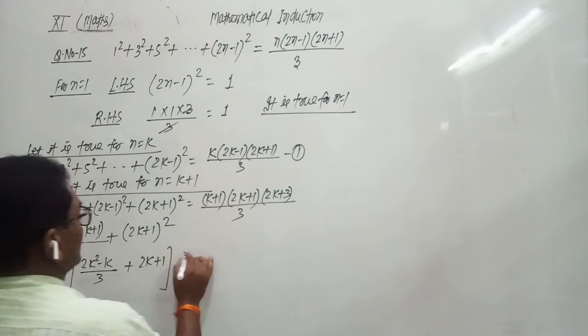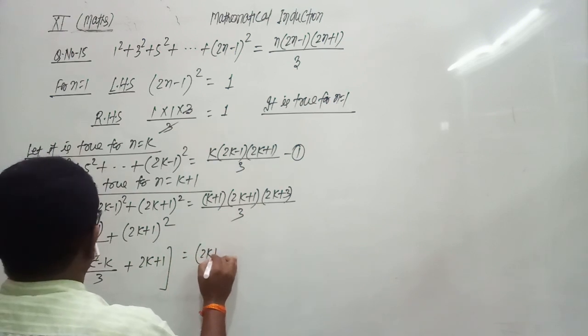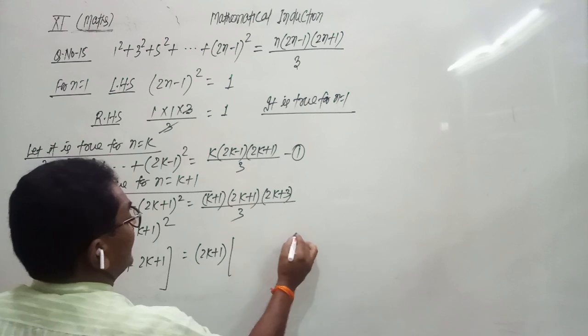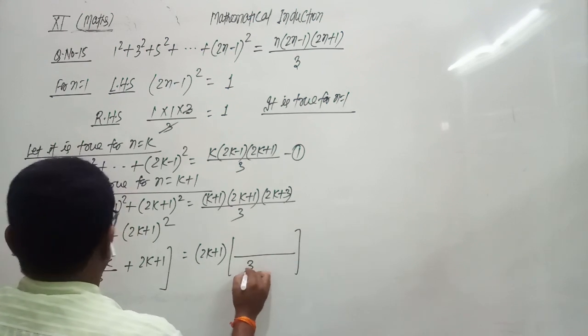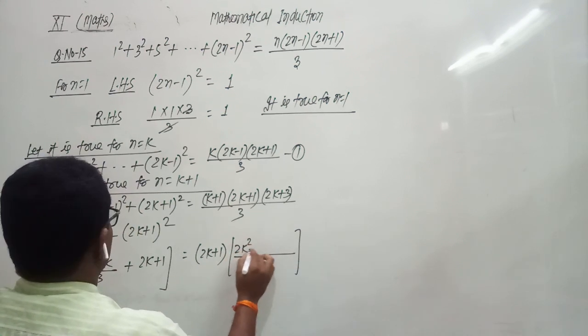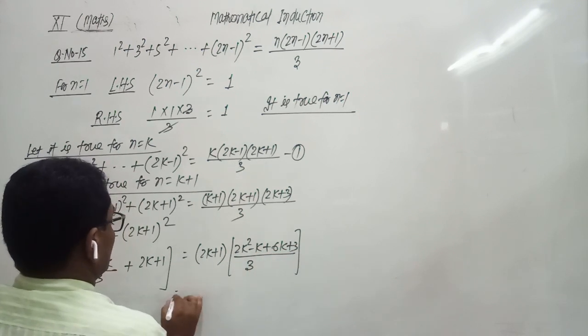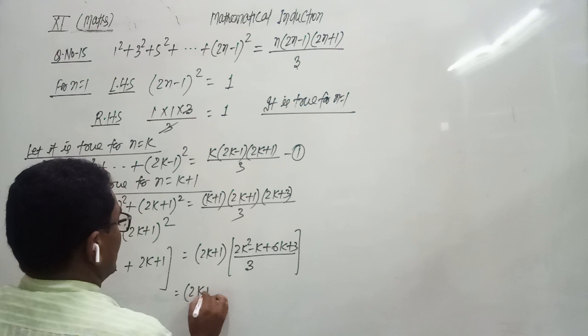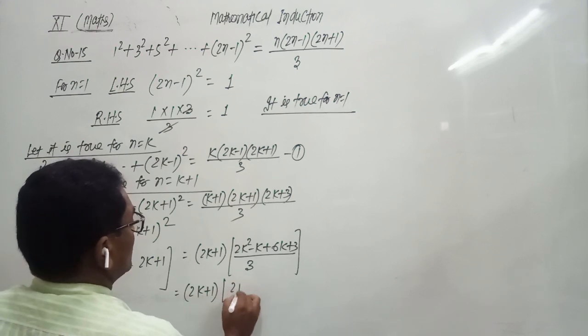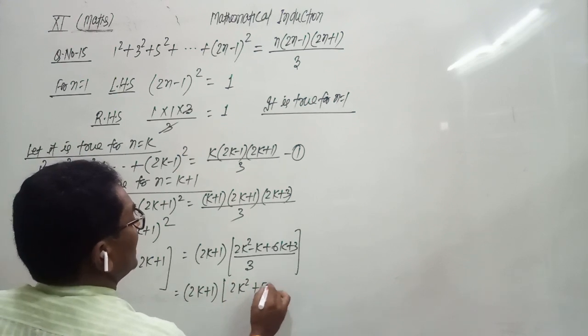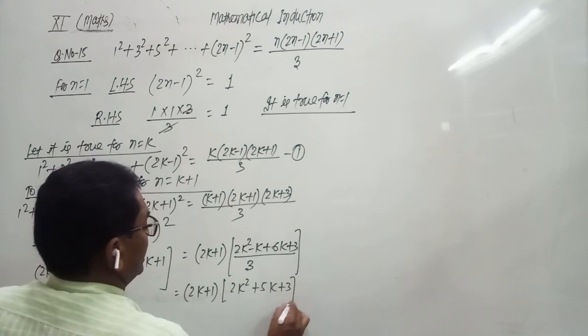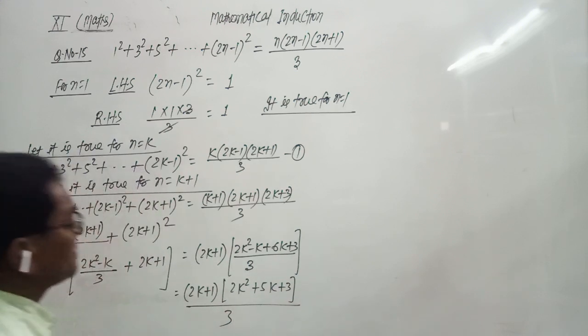By taking LCM, you get 2k square minus k plus 6k plus 3. So 2k plus 1 into 2k square plus 5k plus 3 upon 3.